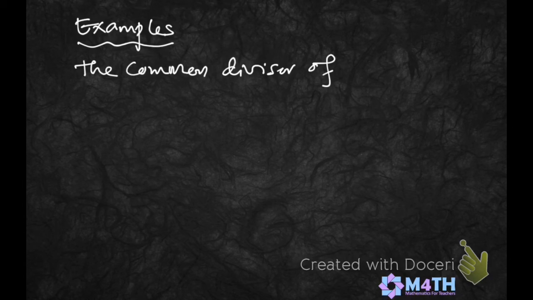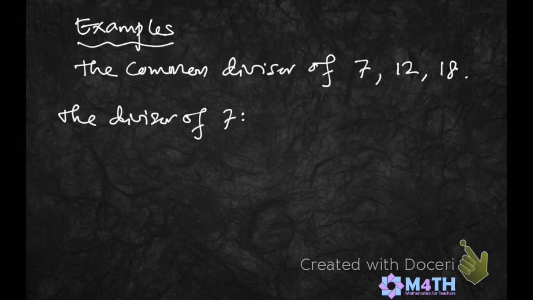Let's say we have 3 numbers here: 7, and then 12 and 18. The divisors of 7 are 1 and 7. Of course we have negative 1 and negative 7, but here we just focus on the positive divisors.